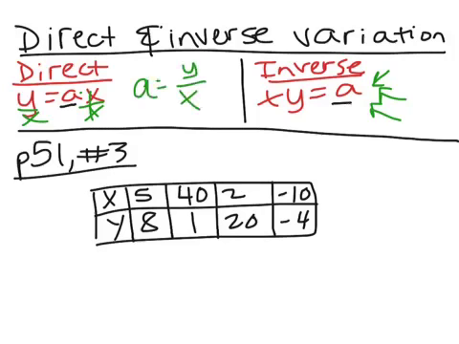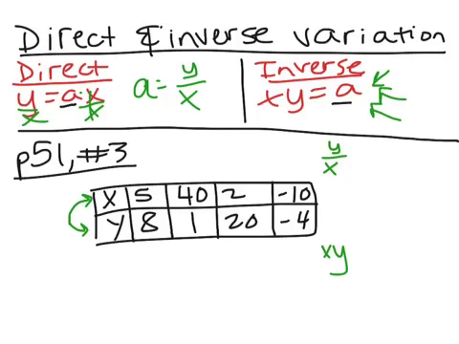So a equals y over x. So what I have to figure out now is this relationship between x and y on my table. Does my constant a come from doing x times y, or y times x, or y divided by x? Alright, so on the top we'll look at y divided by x, and then on the bottom we'll look at x times y to see where my constant comes from.